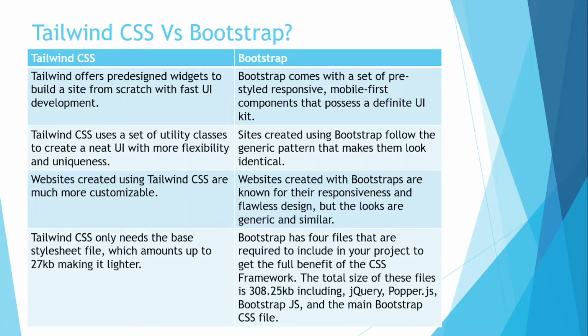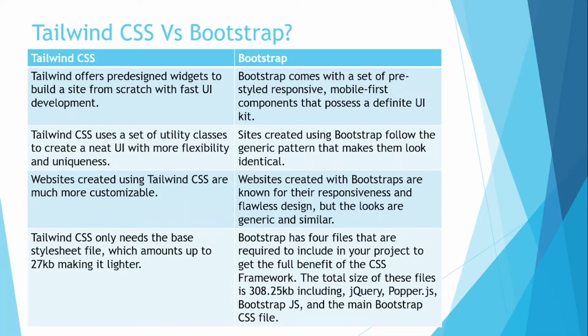Websites created using Tailwind CSS are much more customizable. We can easily customize our website if it is built with Tailwind CSS, because the flexibility is greater in Tailwind CSS. Websites created with Bootstrap are known for their responsiveness and flawless design, but the looks are generic and similar.